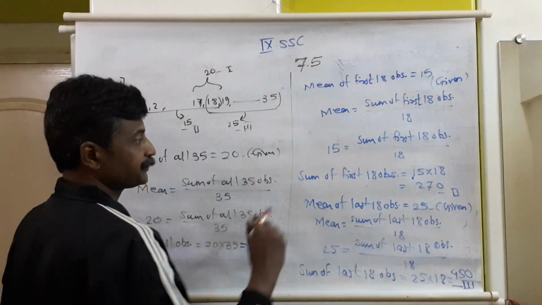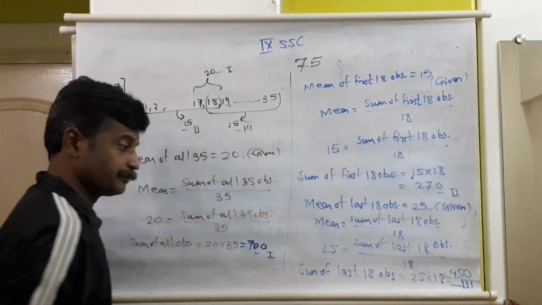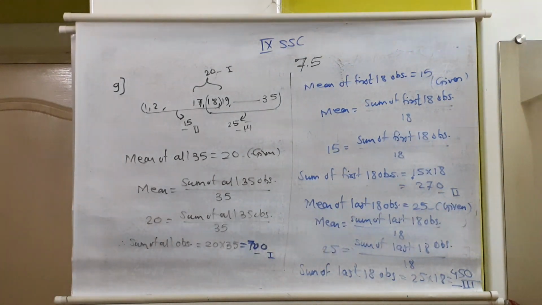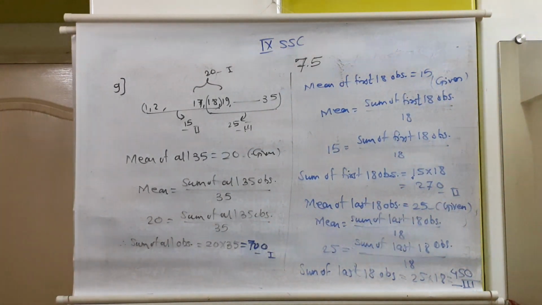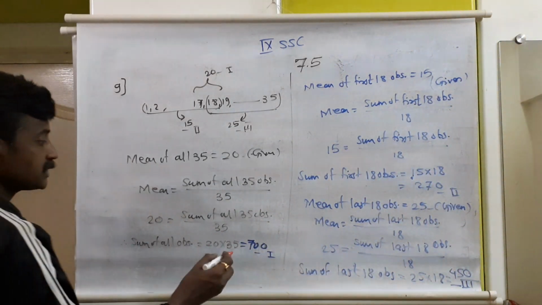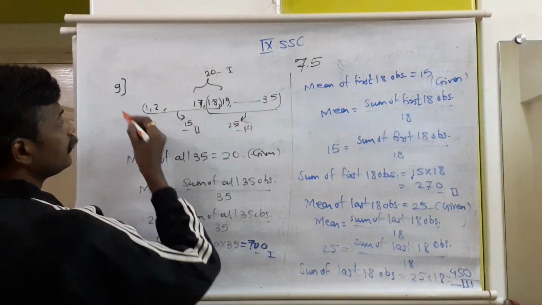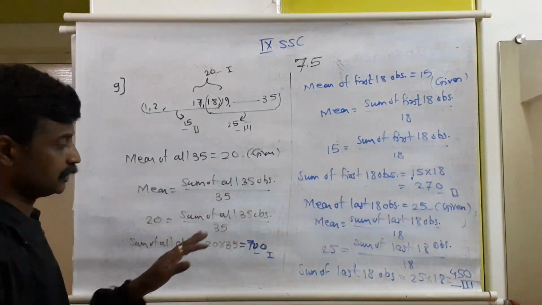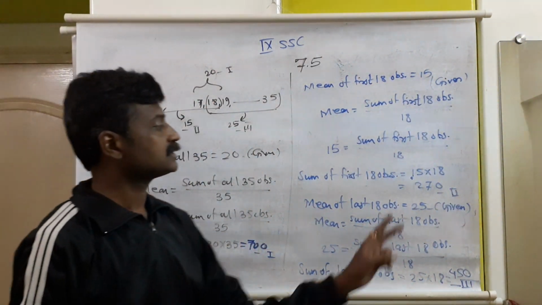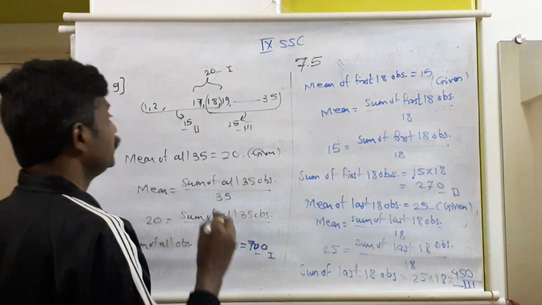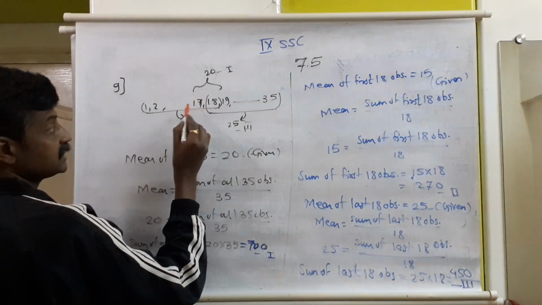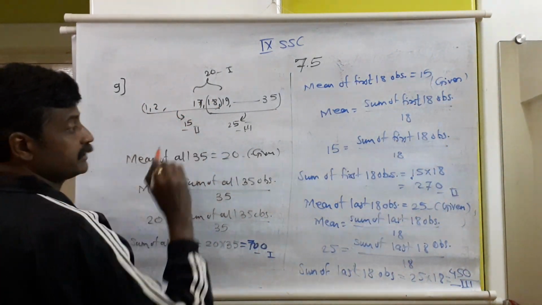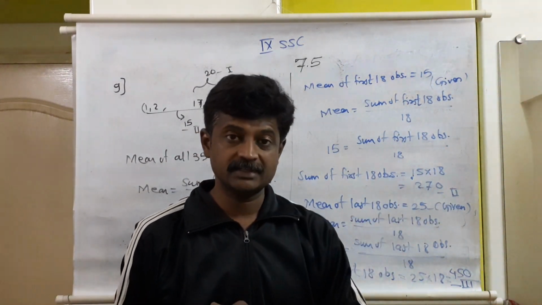Now first, second and third, these three equations are going to help us to find out the observation number 18. How will we find it out? See once. In equation 1 we have sum of all the 35 observations is equal to 700. In equation number 2 what we have? We have sum of first 18 observations, in which the 18th observation is considered, that is equal to 270.